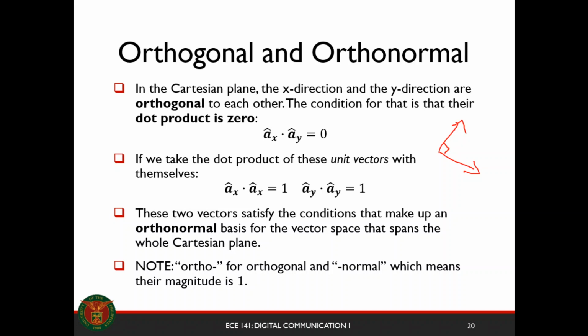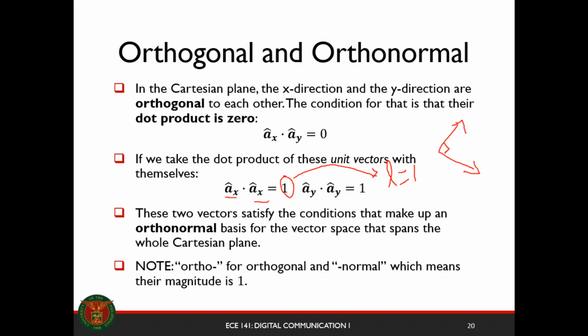So this is an orthogonal vector. Orthonormal: if we get the dot product of the vector with itself, it will result in 1. So that means the length of these vectors is equal to 1. So it's normal. Two vectors that are orthogonal and normal form an orthonormal set.